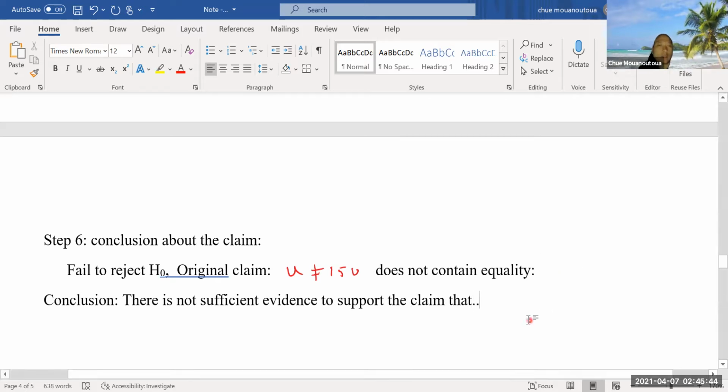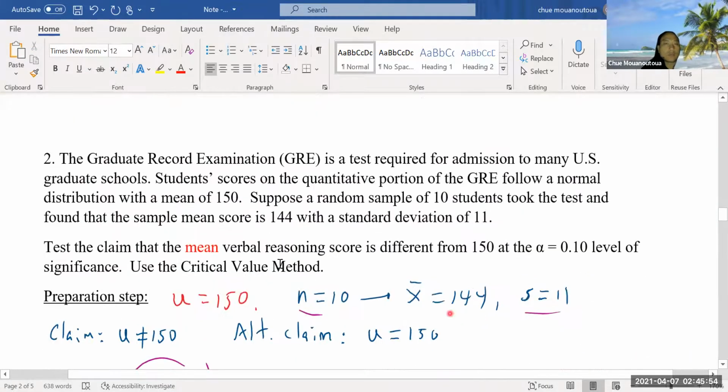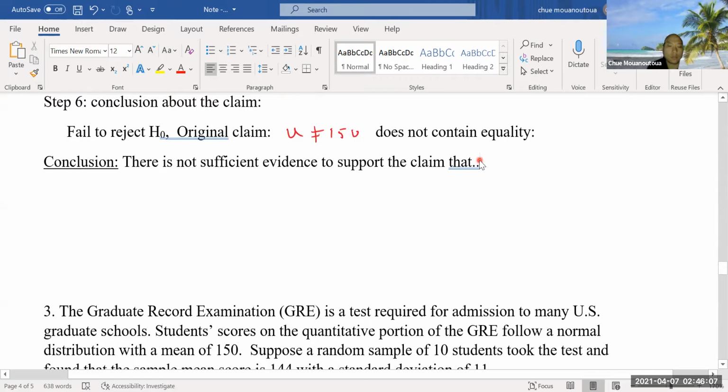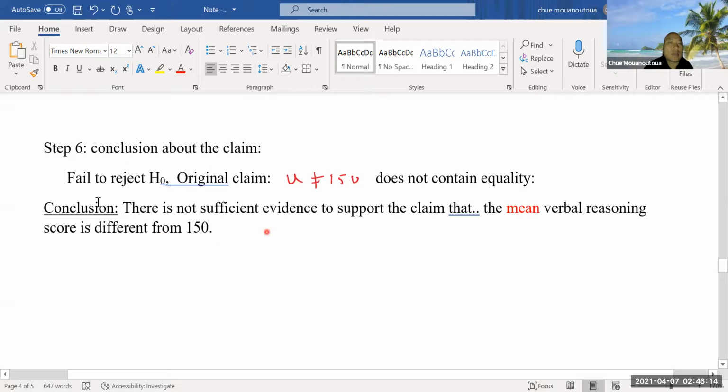We insert the original claim in there, the claim that the mean verbal score is different from 150. All right, so the conclusion is: there is not sufficient evidence to support the claim that the mean verbal score is different from 150.